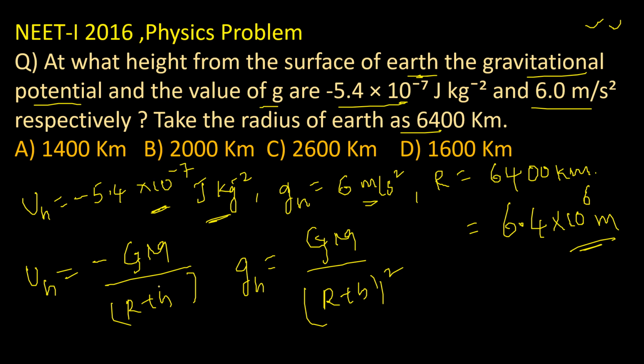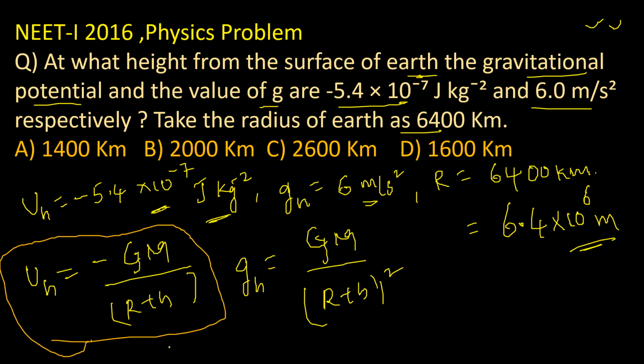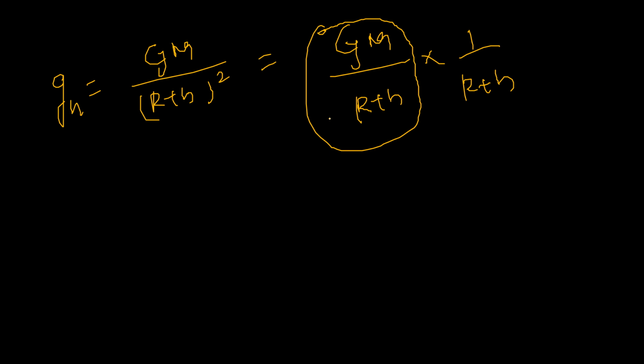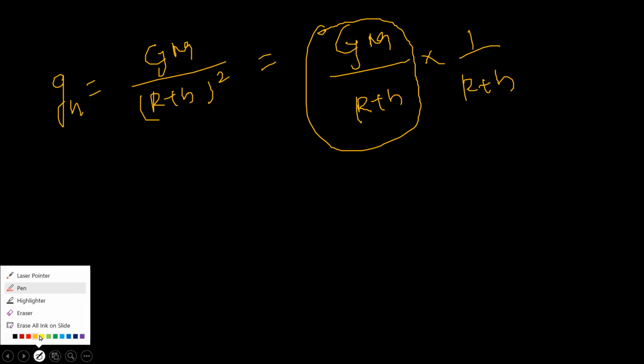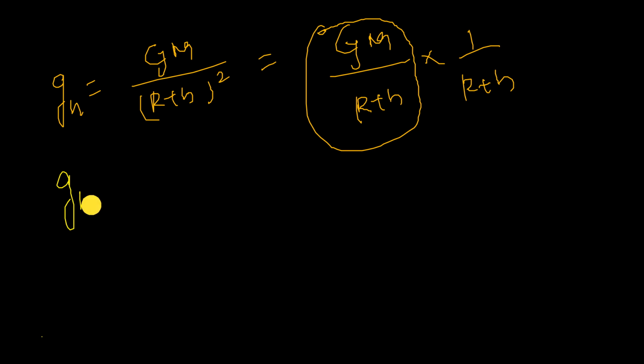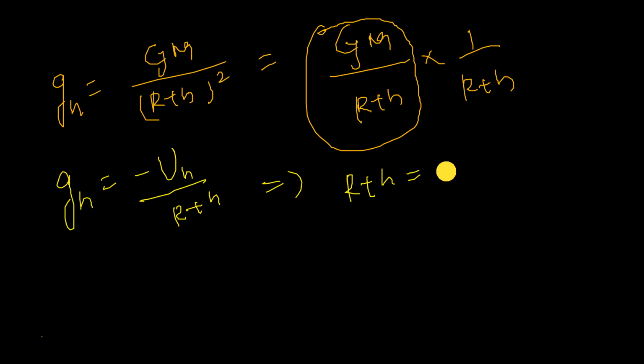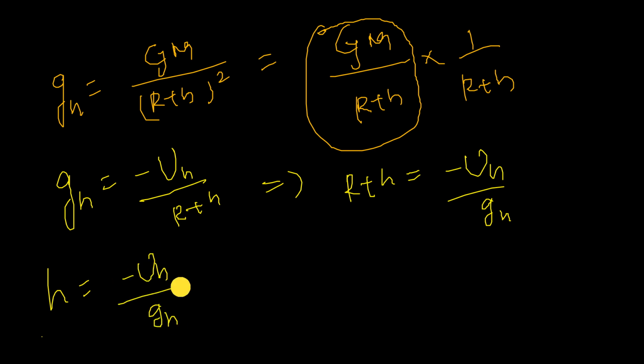So g_H equals minus V_H by R plus H. So R plus H equals minus V_H by g_H, and H equals minus V_H by g_H minus R.